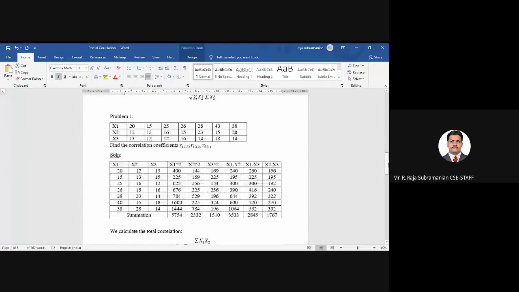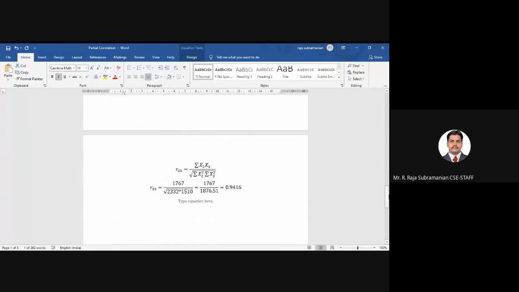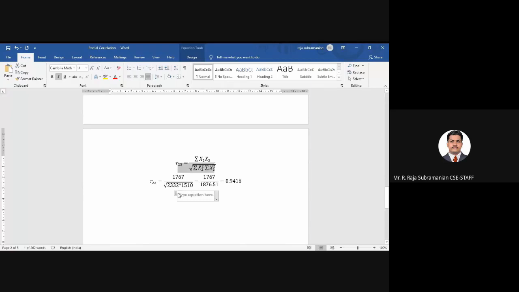Last time we did it for statistics, right? Like that. So now this is actually the first order correlation coefficient. I want to find R12.3, which is R12 minus R13 R23.